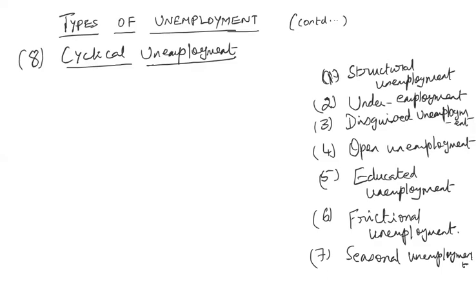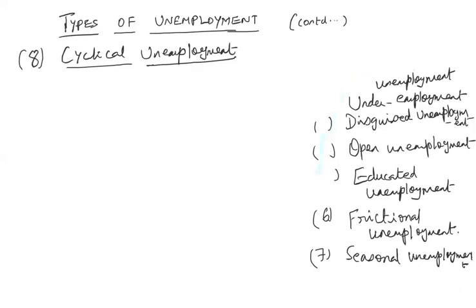So this is seasonal unemployment, because of the change in demand according to seasons, according to the climatic conditions. According to the climatic condition, the demand might be there for certain services and products. In the remaining season, the demand might not be there. So that is what is known as seasonal unemployment. So 7 types we have finished.